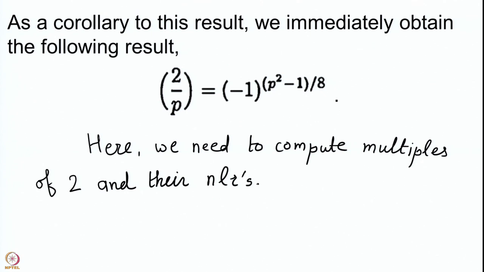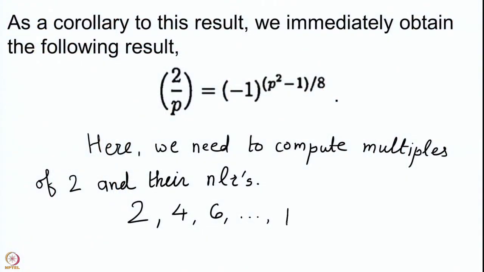This is what we need to compute. So, we will be looking at the multiples of 2, which are 2, 4, 6 and so on, and we have to take these multiples up to when we multiply 2 by (p minus 1) by 2. So, the final number that we get here is p minus 1, which is 2 into (p minus 1) by 2.